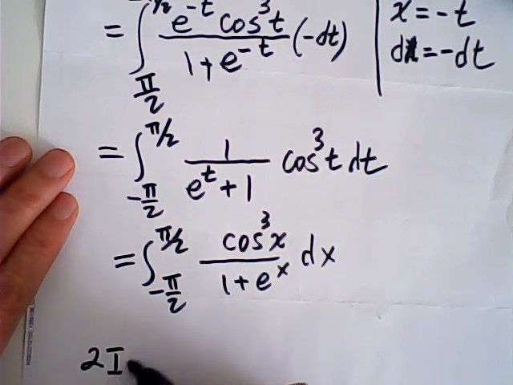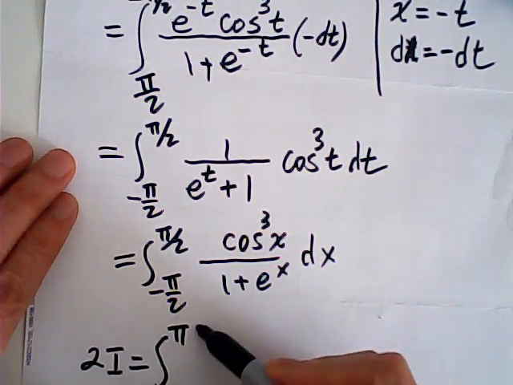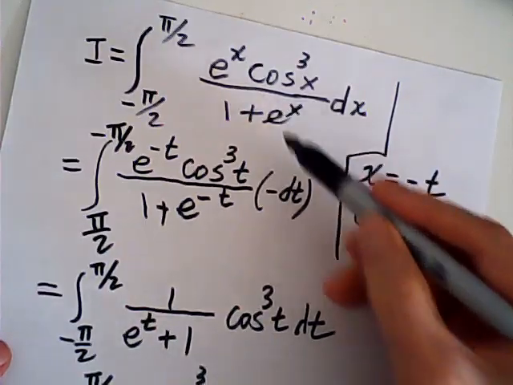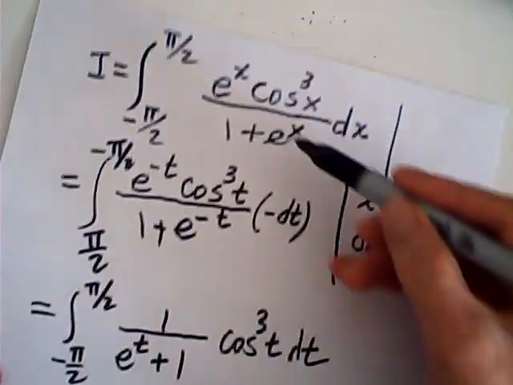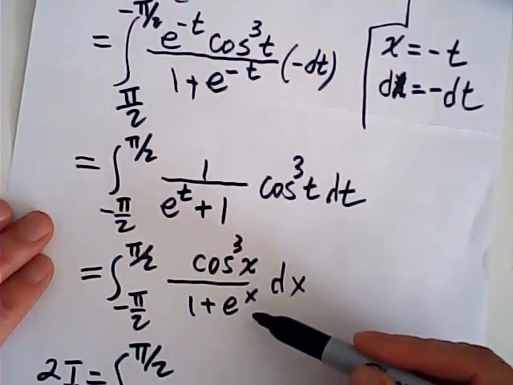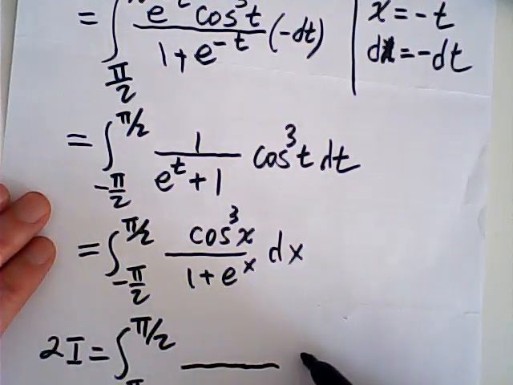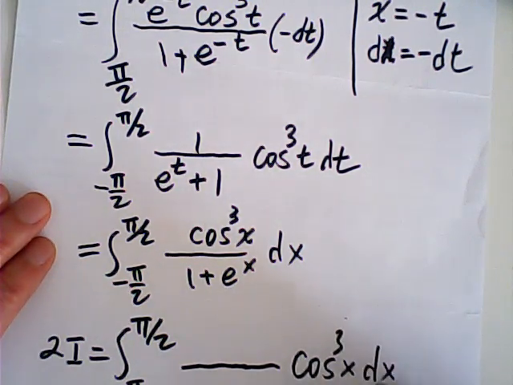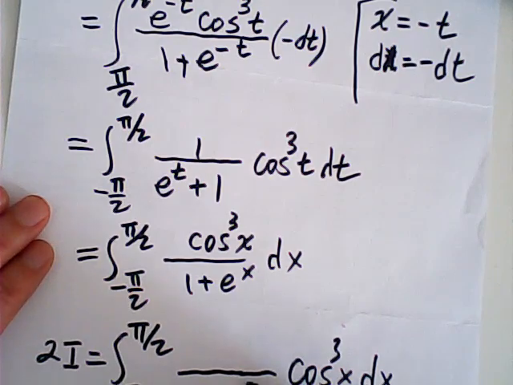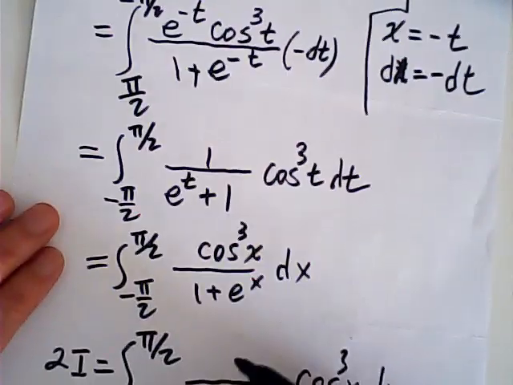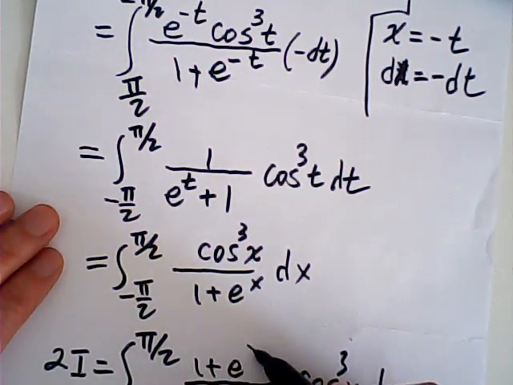Therefore, twice I is equal to the integral from negative half pi to positive half pi of this plus this, right? The common factor is cosine cube x dx. The common denominator is this plus this, with a 1 plus e to the x.